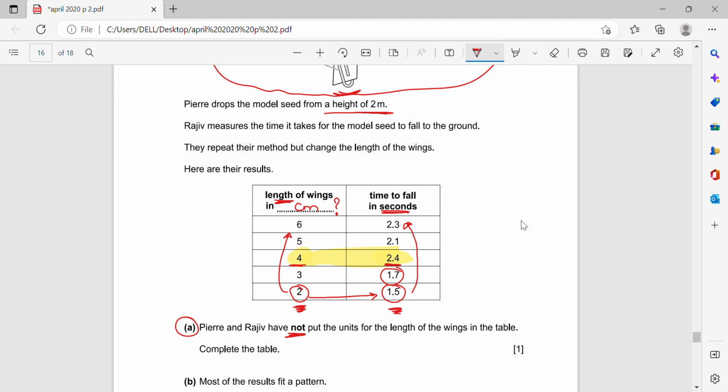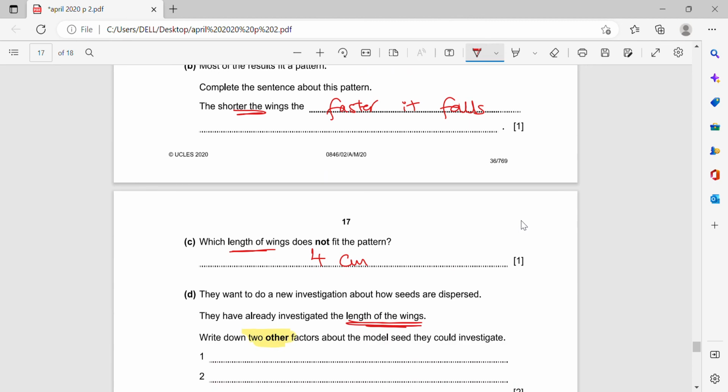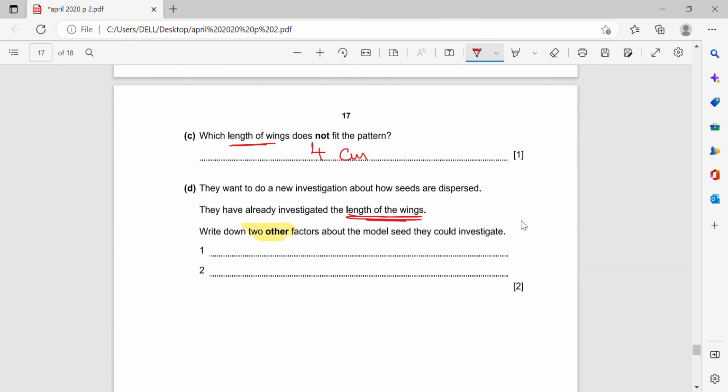So many factors could be changed regarding this model. We choose 2 of them because this question is out of 2 marks.